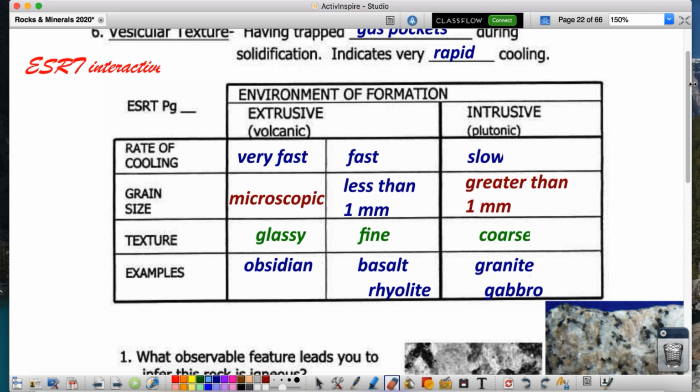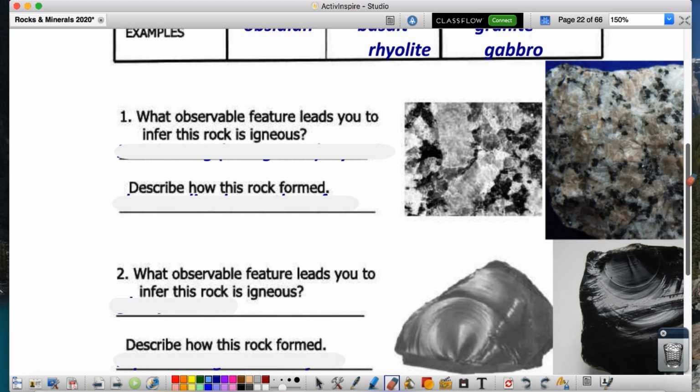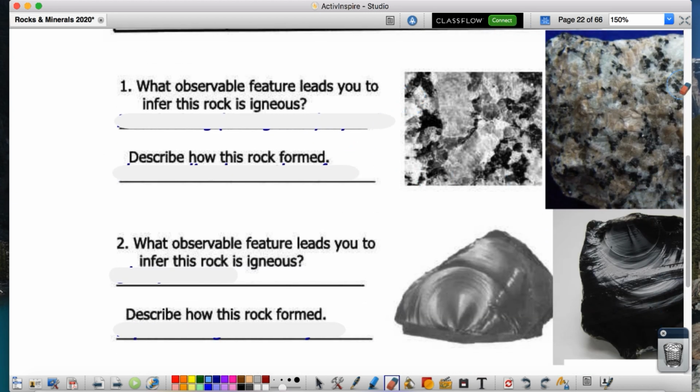Okay, let's go down for a couple more problems. Number 1, take a look at the photograph. Here's a black and white photograph, even closer looking. What is it about these pictures that lets you know for sure that this must be an igneous rock? What clue here leads you to believe that this is an igneous rock?